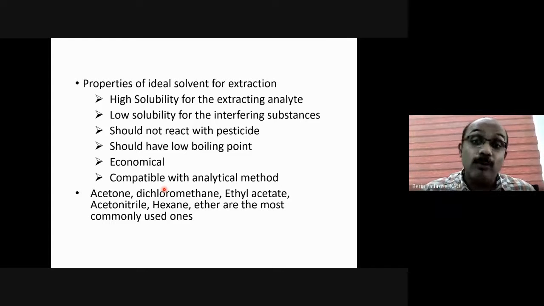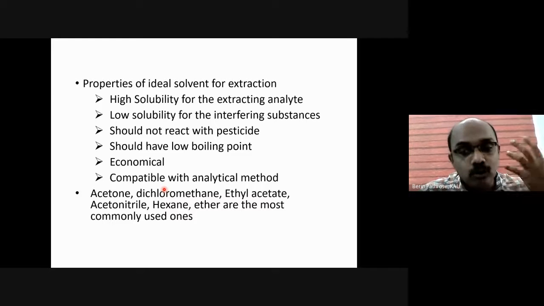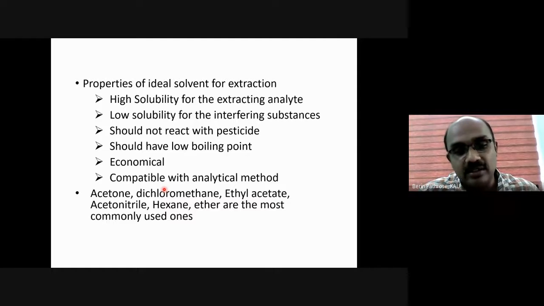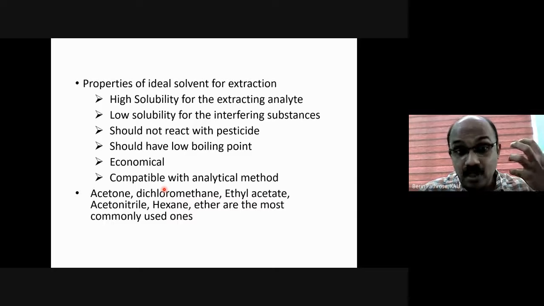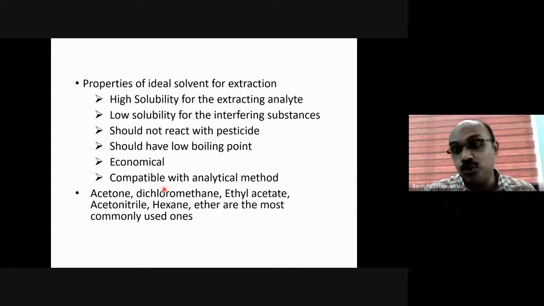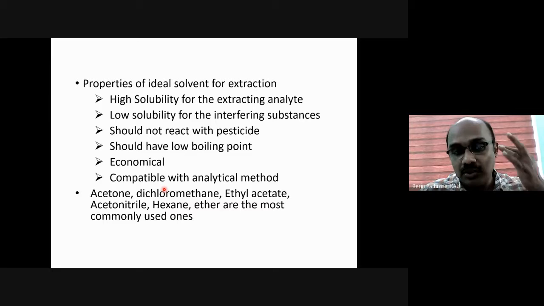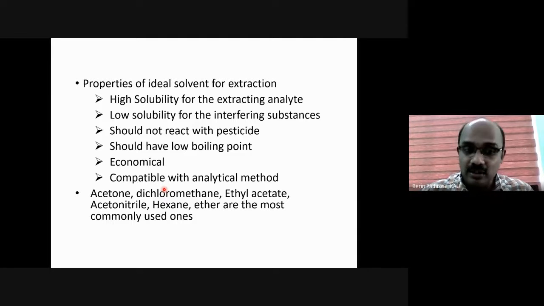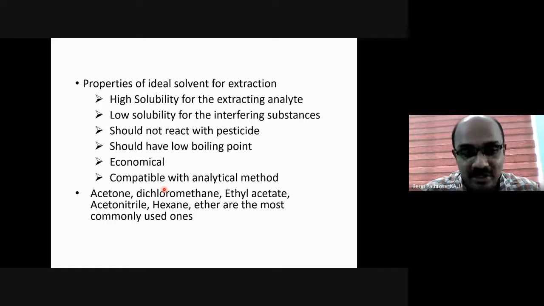It should have a low boiling point. That means we have to evaporate the solvent in certain steps. So if we have a high boiling point, evaporation takes huge time. So we should have a very low boiling point. It should be economical. That means the solvent should be cheap, and it should be compatible with the analytical method.